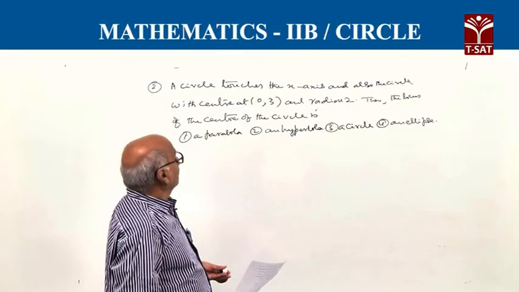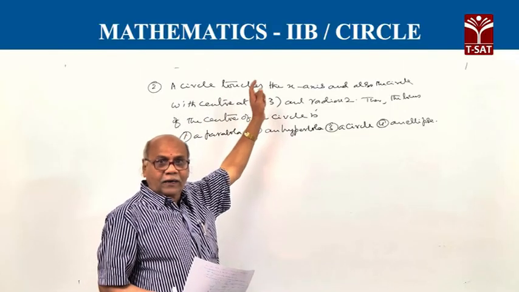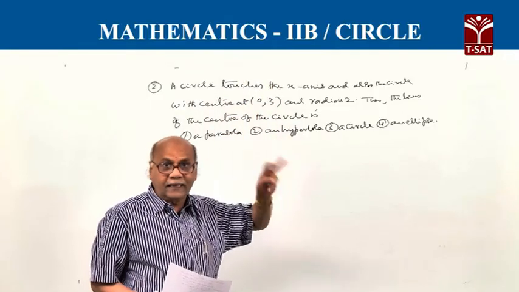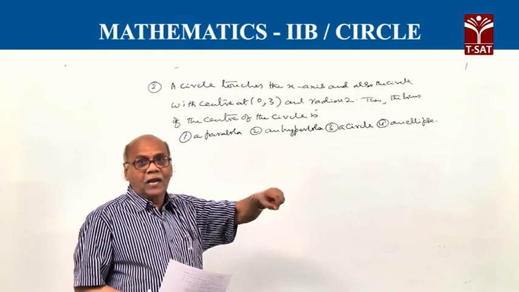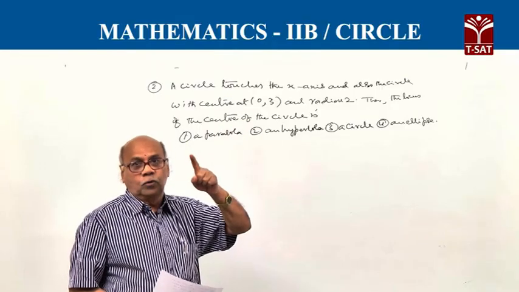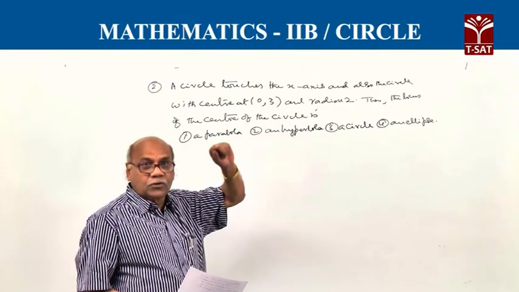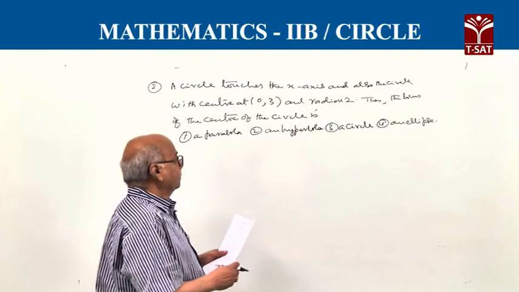So, you are given that a circle is touching the x-axis, and also another circle whose center is on the y-axis and radius 2. Then if the circle changes, the center of the circle changes. So, what is the locus of the center of the circle? That is the question.